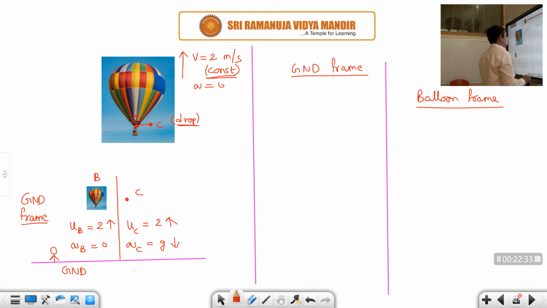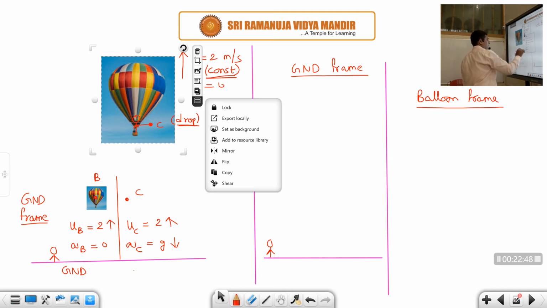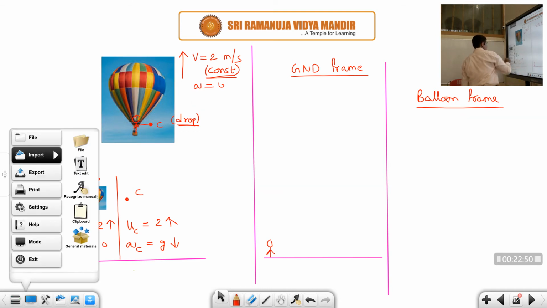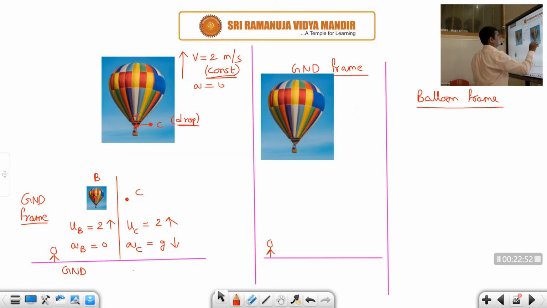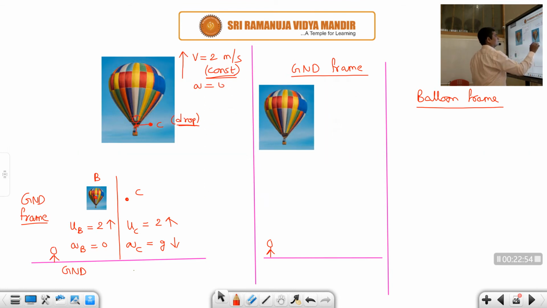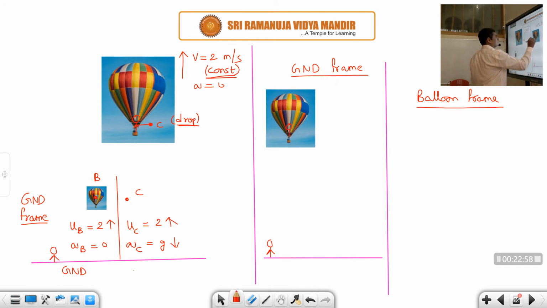So now, students, if you observe carefully, standing on the ground, this is the balloon, and from here a person has dropped a coin.